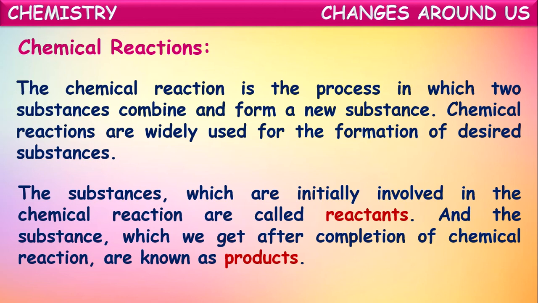The substances initially taken, nitrogen and hydrogen, are called reactants. And finally, we get ammonia as a final substance. Those final substances formed in a chemical reaction are called products. So in this reaction, ammonia is the product. So the substances initially taken are called reactants, and the substances finally formed in a reaction are called products.